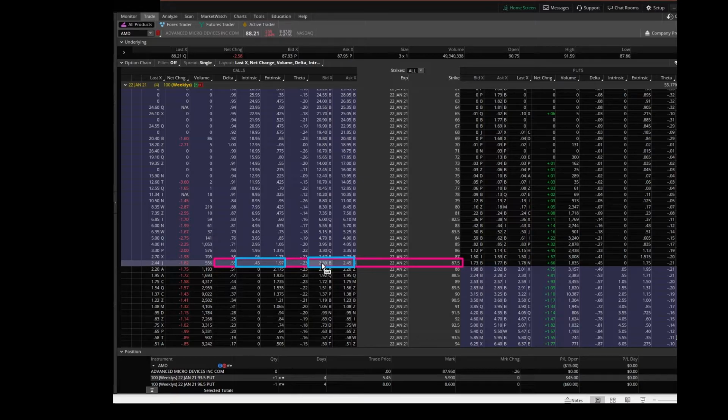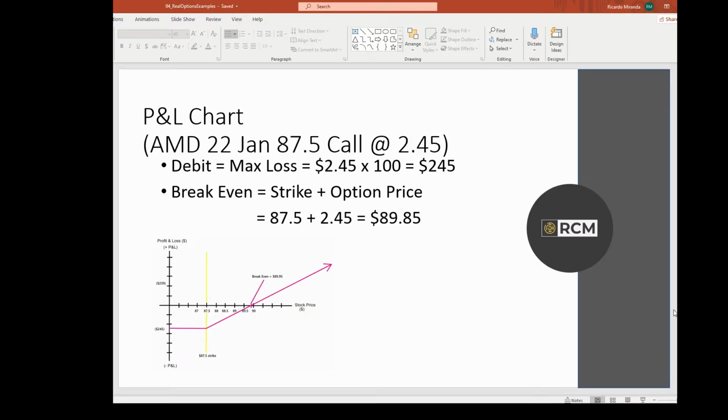If I buy the 87.5 strike at 245, I would be choosing to take this long call position illustrated here.